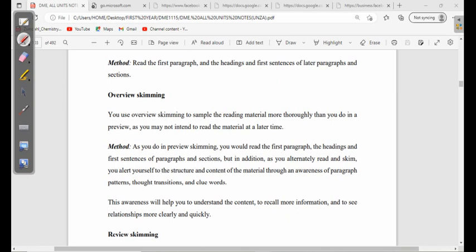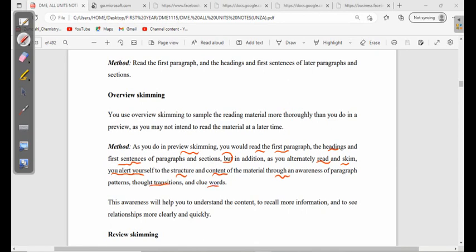So the method of reading in overview is you first, as you do also in preview reading or skimming, read the first paragraph, the heading, and also the first sentences of paragraphs and sections. But in addition to that, you alternately read and skim. You alert yourself to the structure and content of the material through an awareness of paragraph patterns, through transitions, and also clue words.